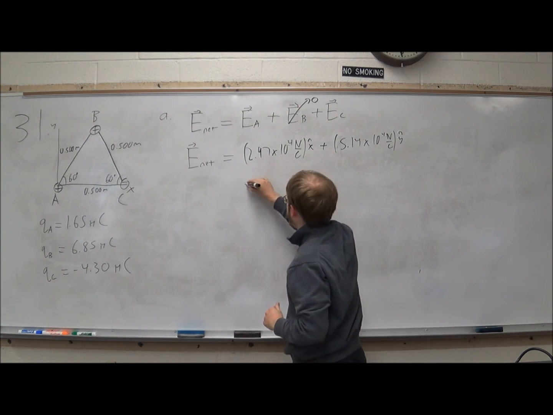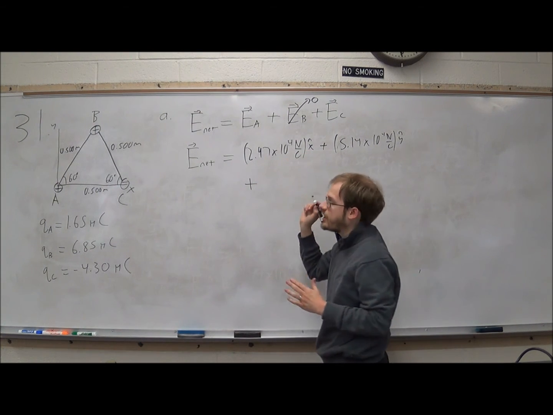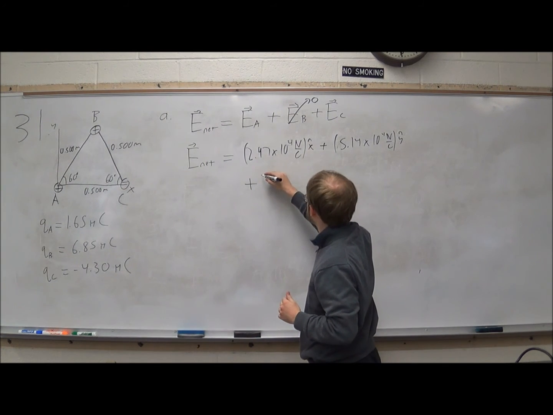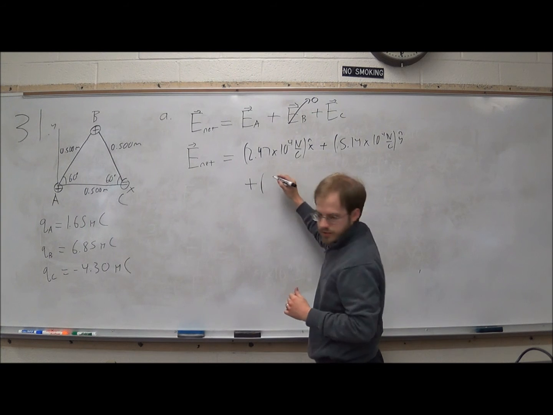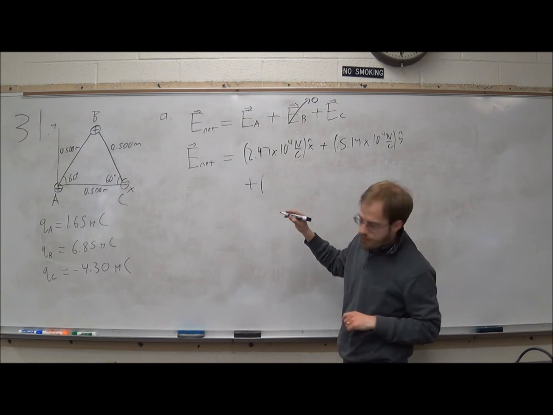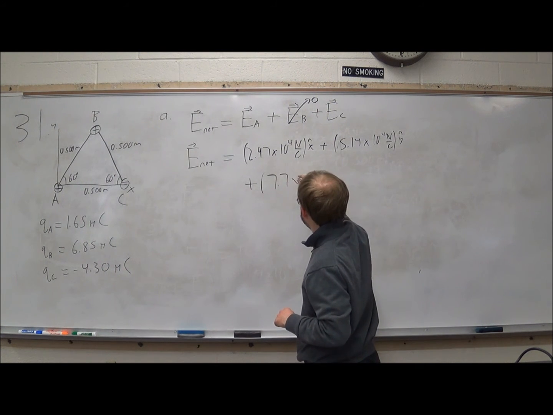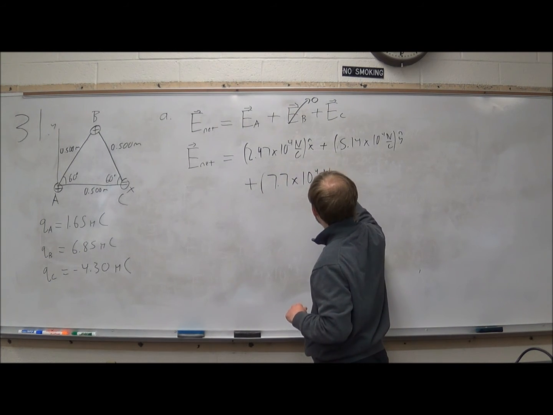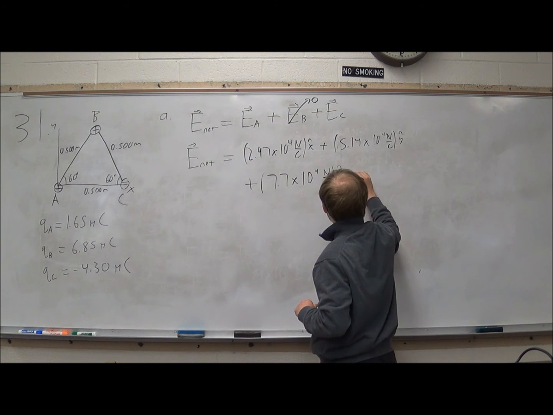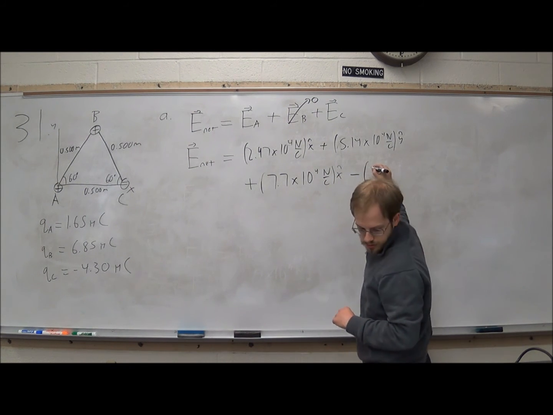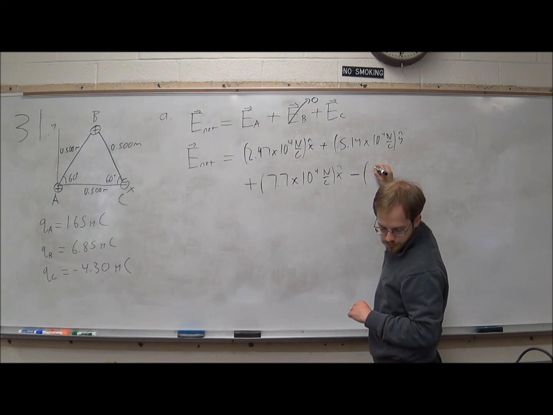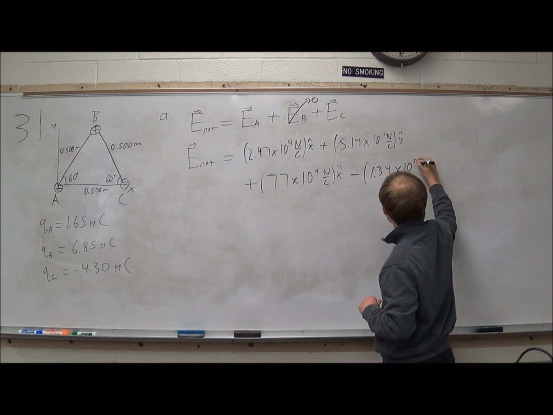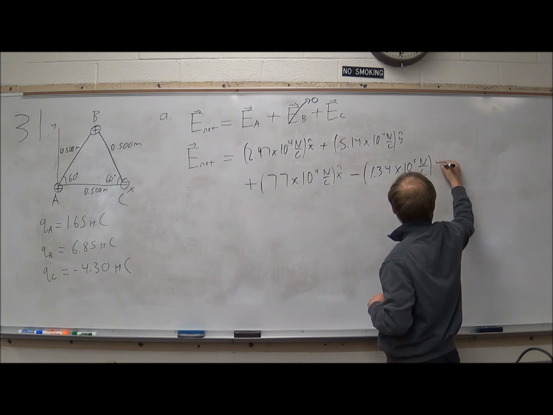So now we have to add in EB, or sorry, EC. So we have EA, now we're adding in EC. So this would be plus 7.7 times 10 to the 4th newtons per coulomb x hat minus 1.34 times 10 to the 5 newtons per coulomb y hat.